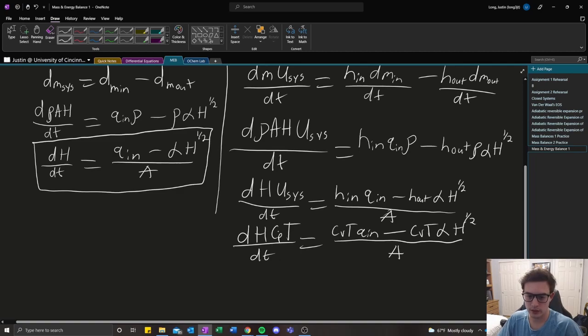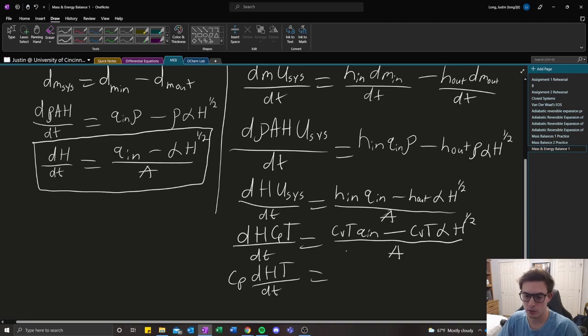We're going to be able to pull out this CP because it's constant. It's not going to change. This temperature is going to change with time, but this heat capacity isn't going to change with time. So we're going to be able to pull that out. So I'm just going to pull that out here, and we are left with that.